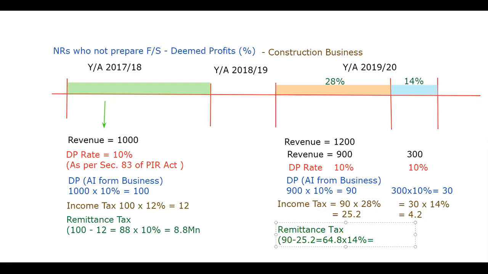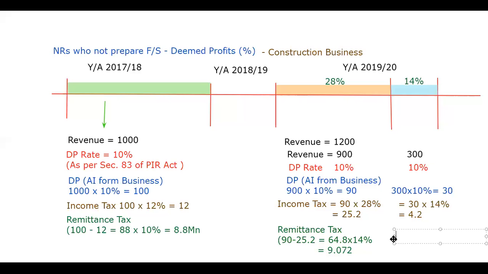Then 64.8 into 14% is 9.072. Here also you need to calculate on the same basis for the remittance tax.